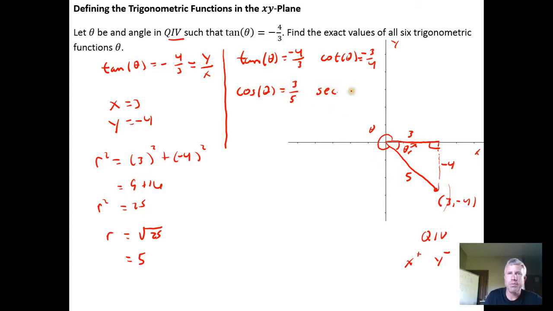Now you get its reciprocal, the secant function, for free. It's 5/3. And finally do the sine function, which is equal to the side opposite the reference angle, which is the y-coordinate, over the radius, and its reciprocal is the cosecant, so we get that for free.